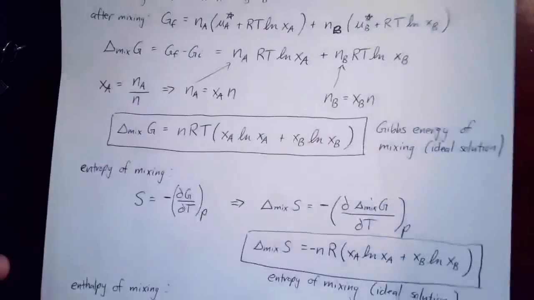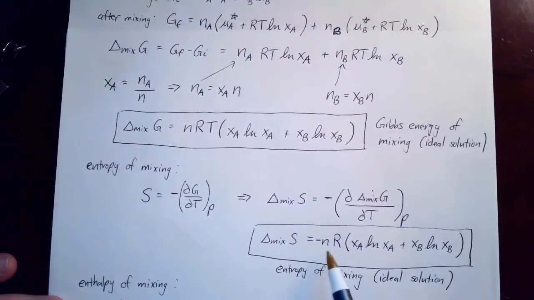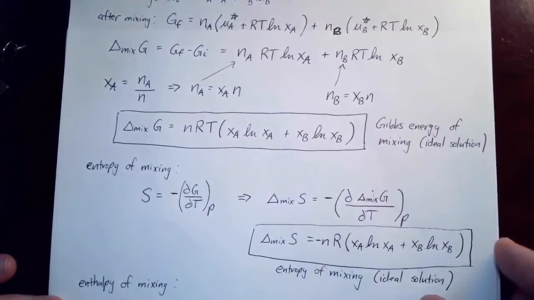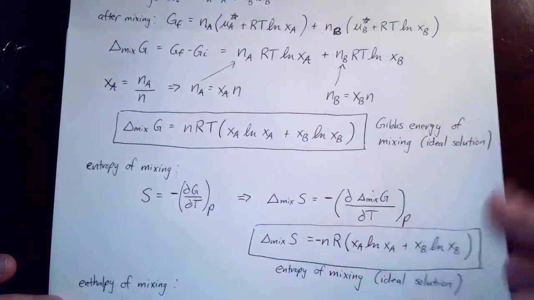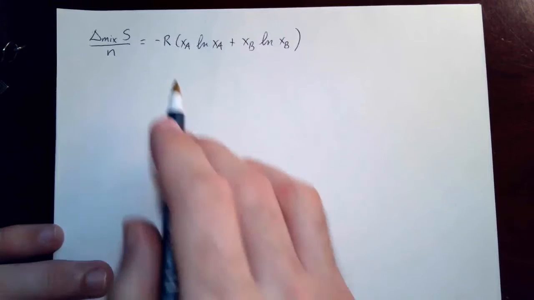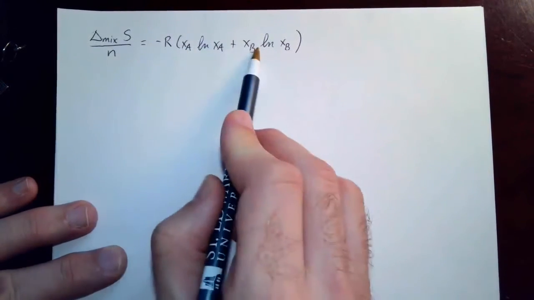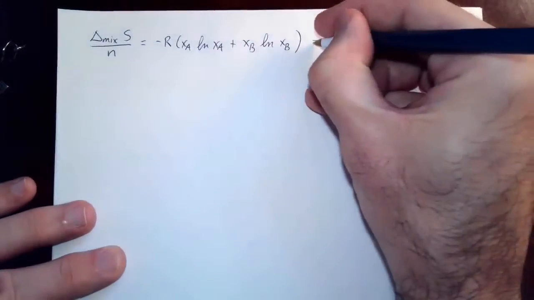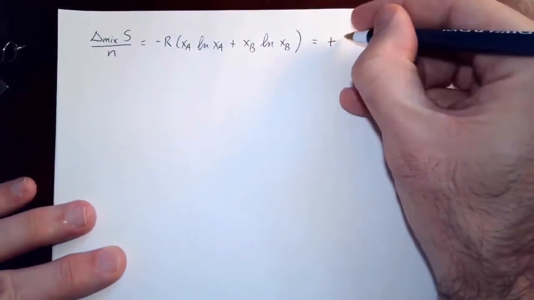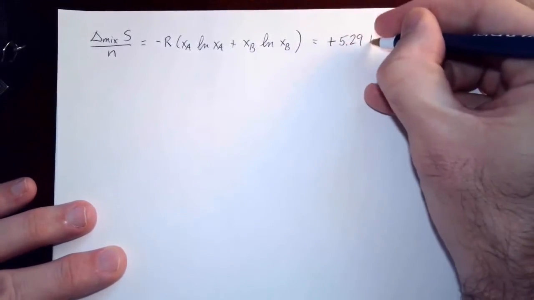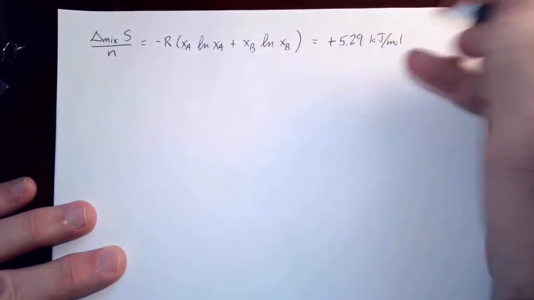All right, now let's calculate the molar entropy of mixing. Looking back here at our formula, the molar version is going to cancel this N like we had before, so it's just going to be negative R times those familiar terms. All right, and then plugging in numbers, 8.314 for R, 1/3, 1/3, 2/3, 2/3. We end up with a positive 5.29 kilojoules per mole.